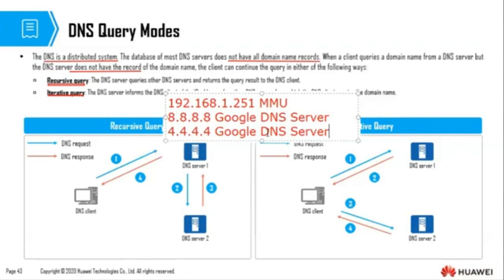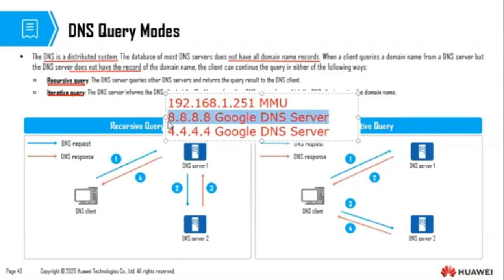So what it means is this: depending on the websites that our students have accessed, our DNS server here will only have mapping between those domain names and IP addresses. So in case a new student comes and enters a domain name whose IP address or mapping the MMU DNS server does not have, it's going to send a request, for example, to the Google DNS server to see if the Google DNS server has that mapping.